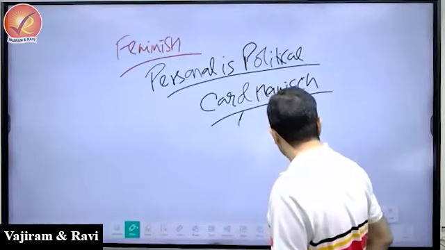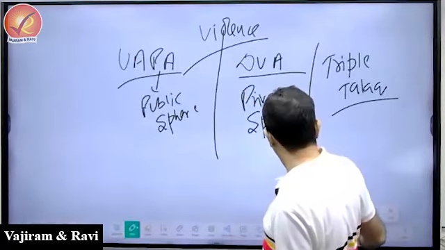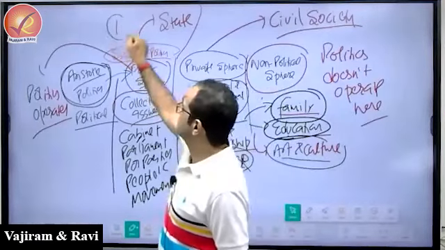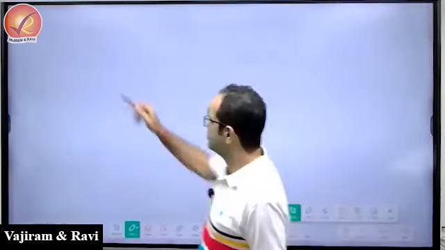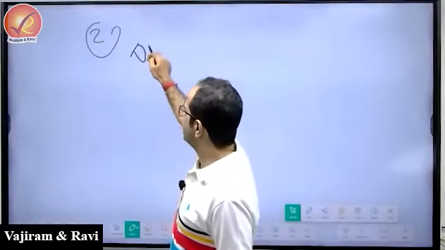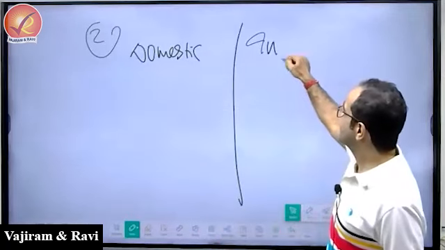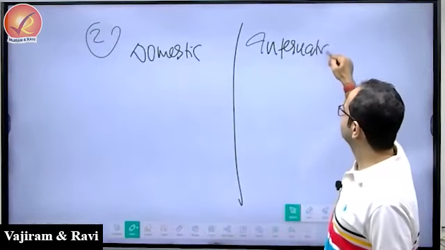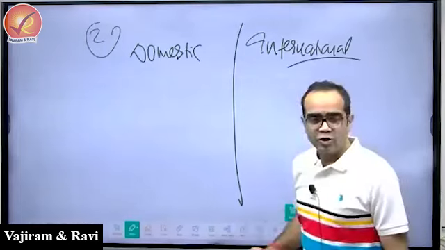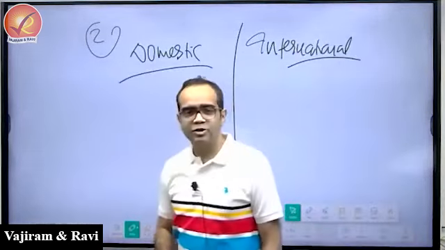And the second sphere of politics, apart from this public sphere and private sphere, is also talked about. It is called domestic and international. They say domestic politics operates in the domestic sphere.